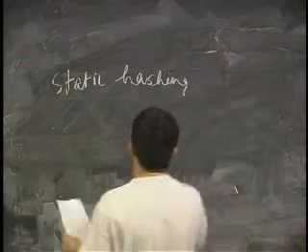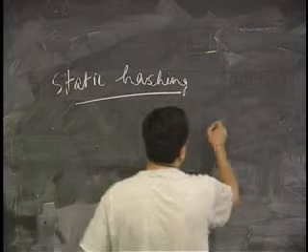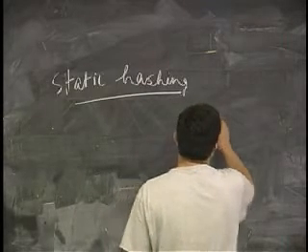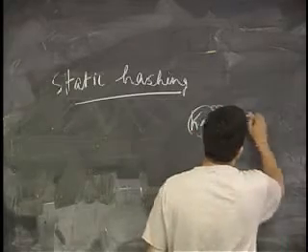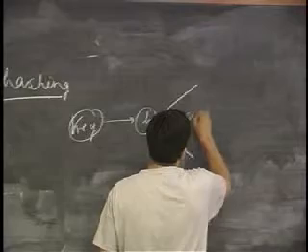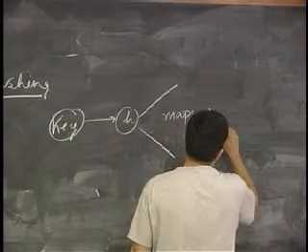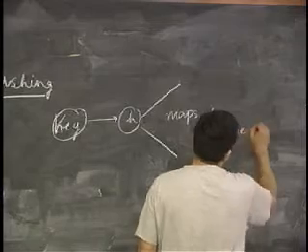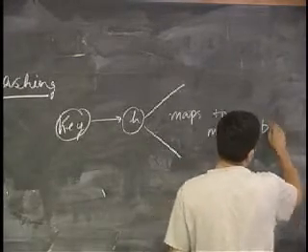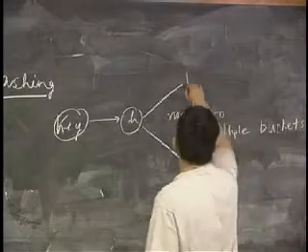Okay, so we are talking about static hashing. A hash function takes a key value, you feed it into the hash function, and this maps to multiple groupings, which they call buckets.